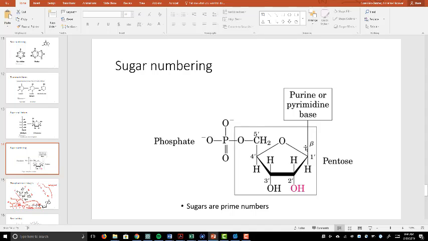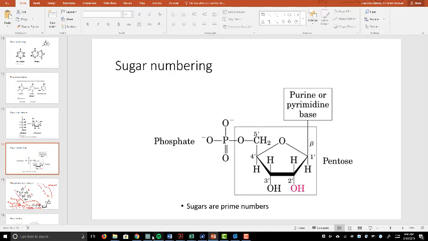Rewind. Ribose is an aldopentose because we have 1, 2, 3, 4, 5 carbons, and then it makes a 5-membered ring. Go back to the video. I'm going to delete that out. Okay, so we've really quickly touched on sugar numbering. I'll put that nicely in the key for you to go back and look over.